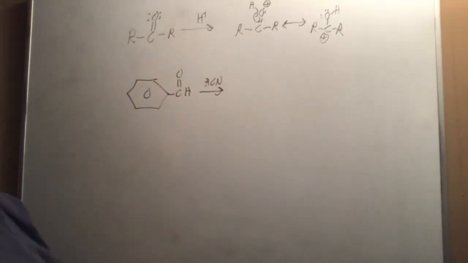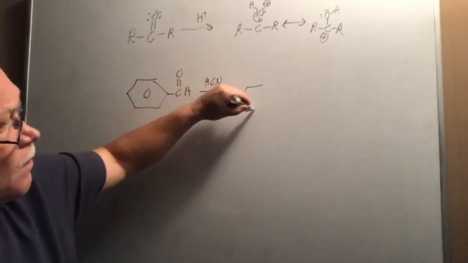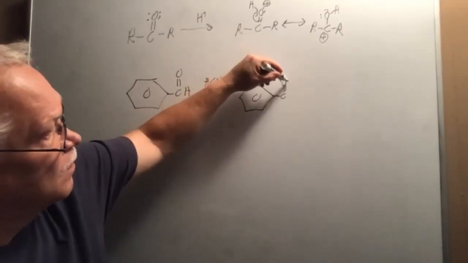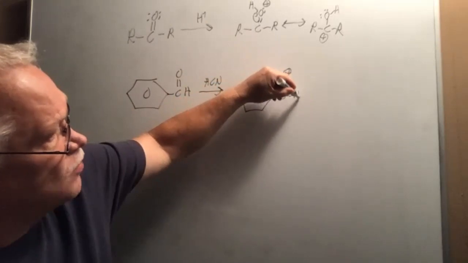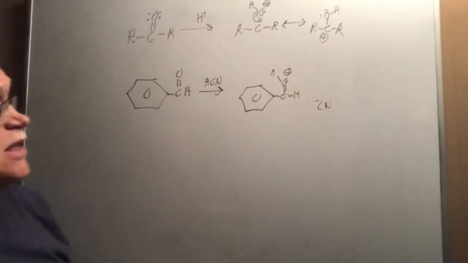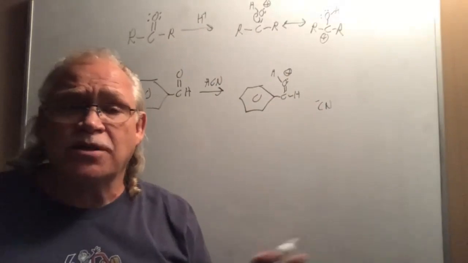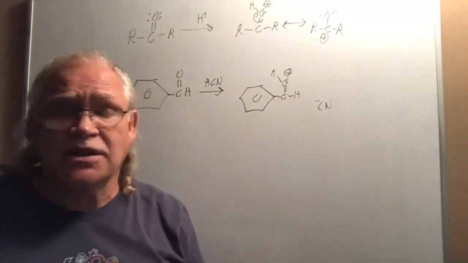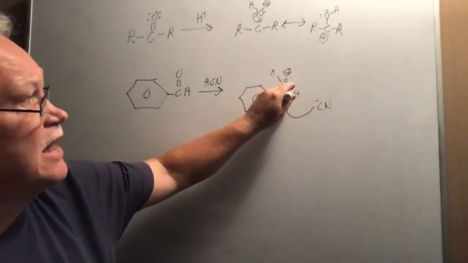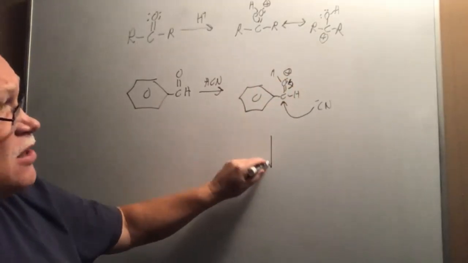Now, HCN is an acid. So what's the first step? The oxygen becomes protonated, followed by the backside attack of the CN minus, because remember, HCN is a weak acid which breaks apart partially into H pluses and CN minuses. So it comes in here, kicking out that pair of electrons again, to give me this compound here.